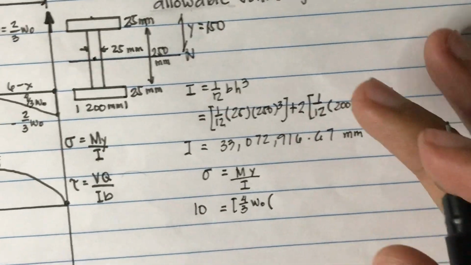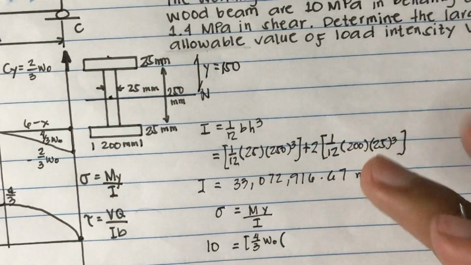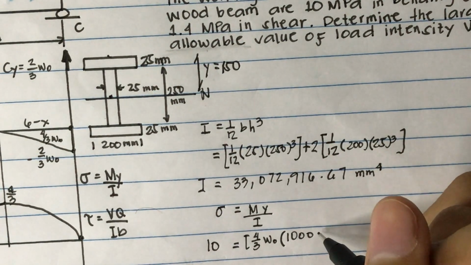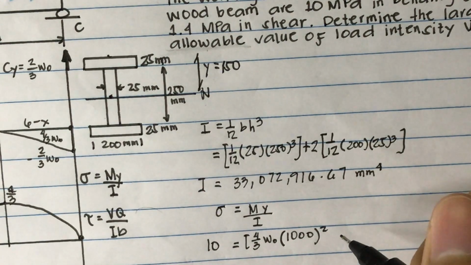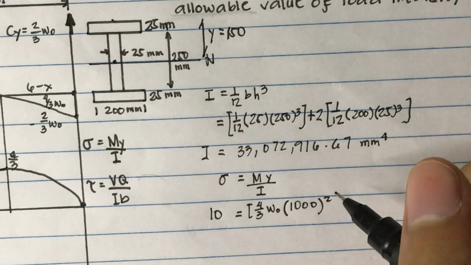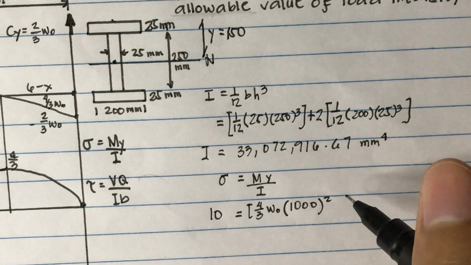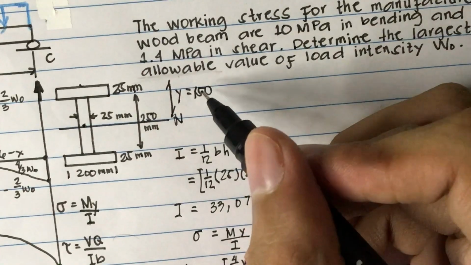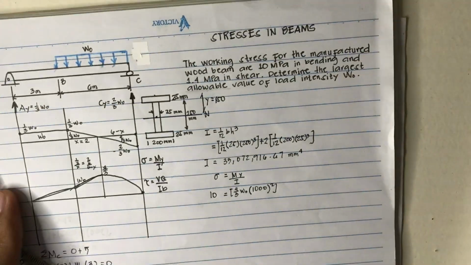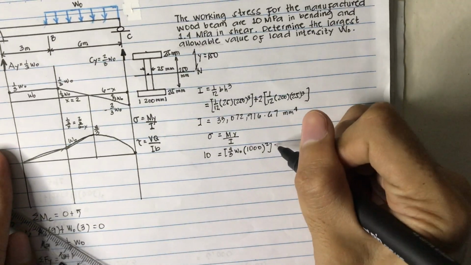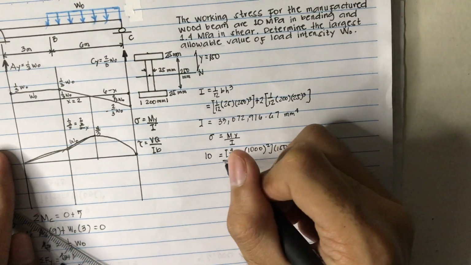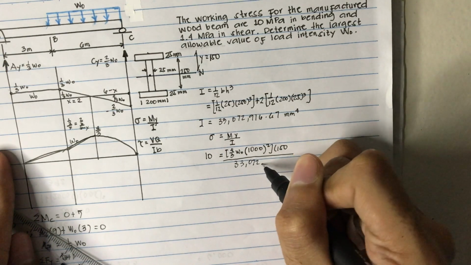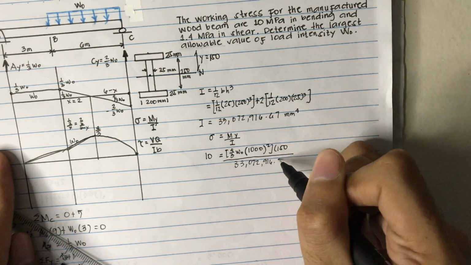Tapos mag-times ta og 1,000 for the conversion. Kay kilonewton siya, 1,000 plus 1,000 kay naapatay meters. Times y, atong y is 150, over I nga 33,072,916.67.